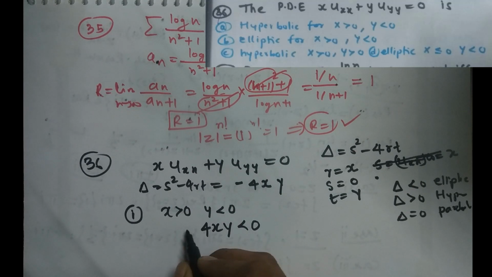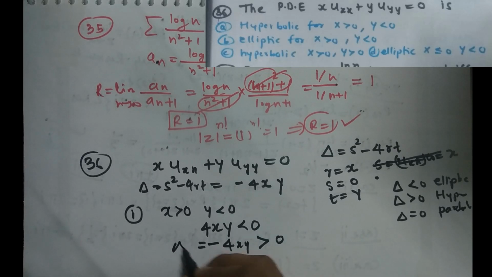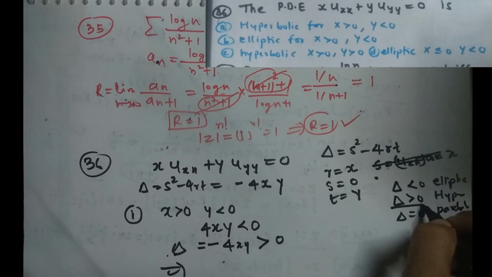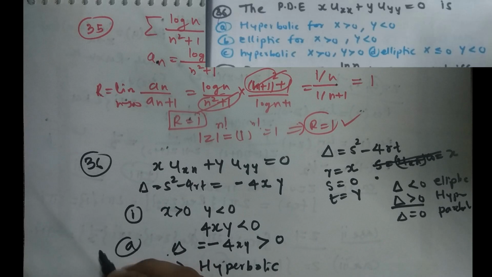But if I multiply by minus sign on both sides, inequality will get reverse. Okay, and what is minus 4xy? Minus 4xy is nothing but our delta. So delta is positive means what? Whenever delta is positive, our PDE become hyperbolic. So our given PDE become hyperbolic. Is it the case? Yes. So option A is true.